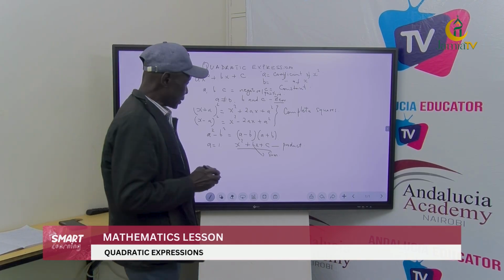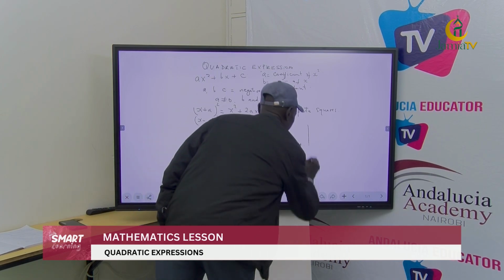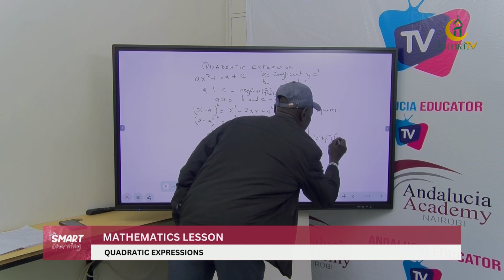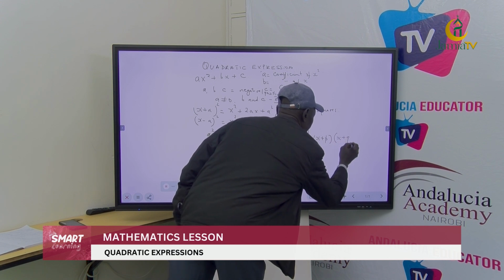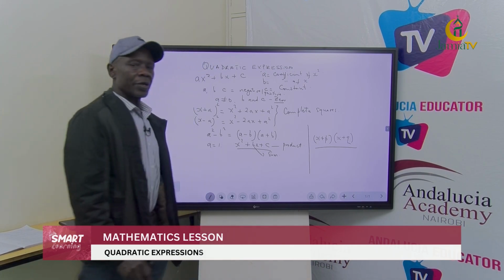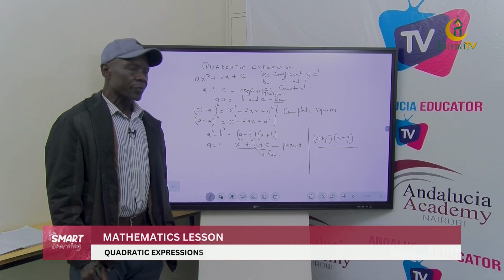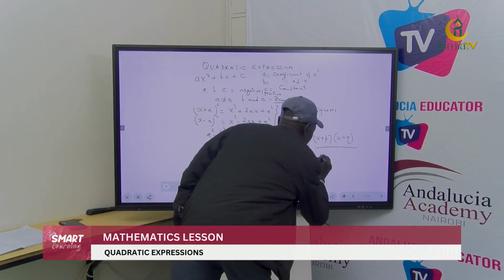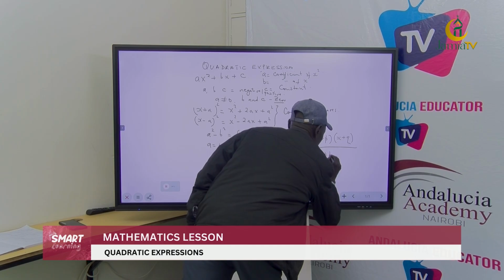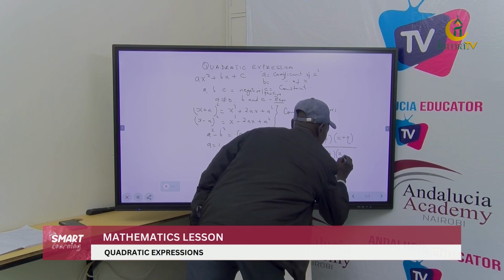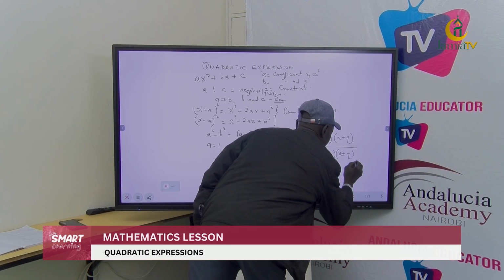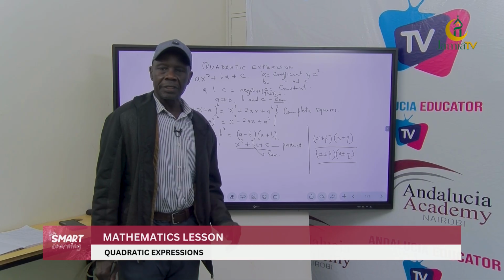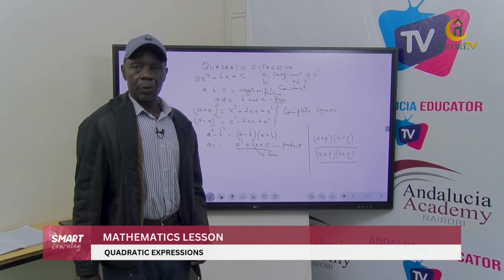And we can factorize in this form: x plus p multiplied by x plus q. Now, we know that these factors can be either positive or negative. So I'll write the general form, which will be x plus or minus p multiplied by x plus or minus q. So when our a is 1, we just need to look at the factors of c which will add up to b.